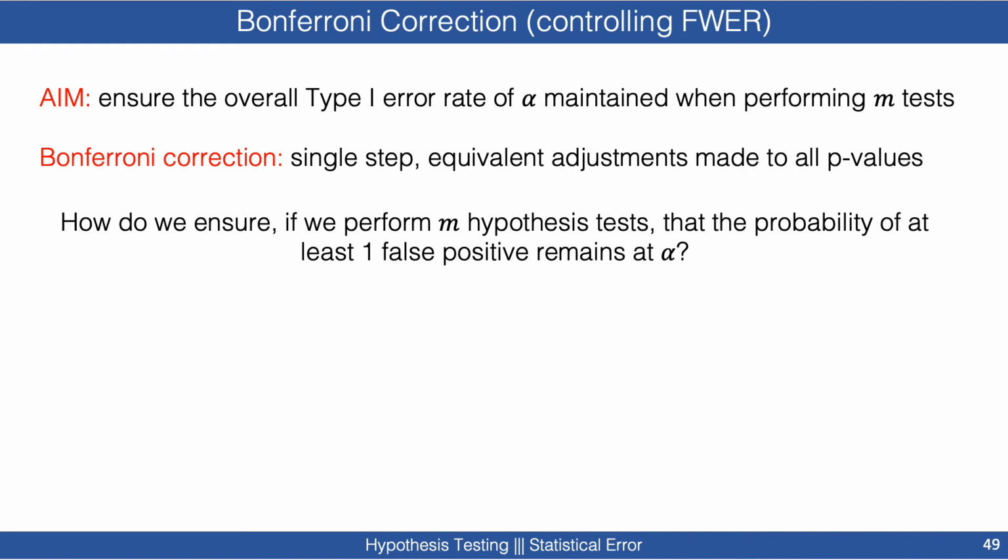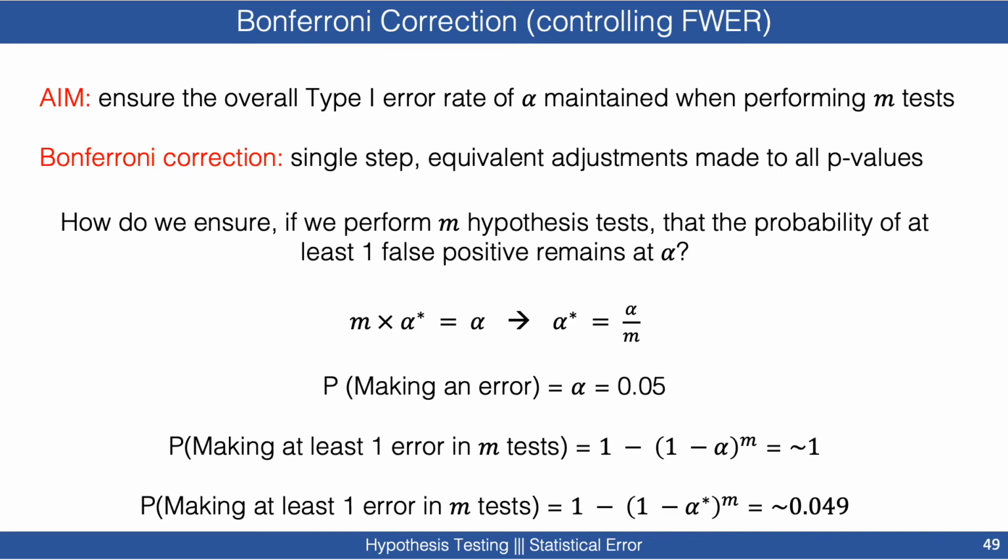So if you want to ensure that even if you make m different hypotheses, the probability of a false positive is still alpha, even though you are now making many hypothesis tests at the same time, you can do simple math. And I think you intuitively know what the correction should be, because you want to ensure that even if you sample m times, you still want to be away from that rejection site.